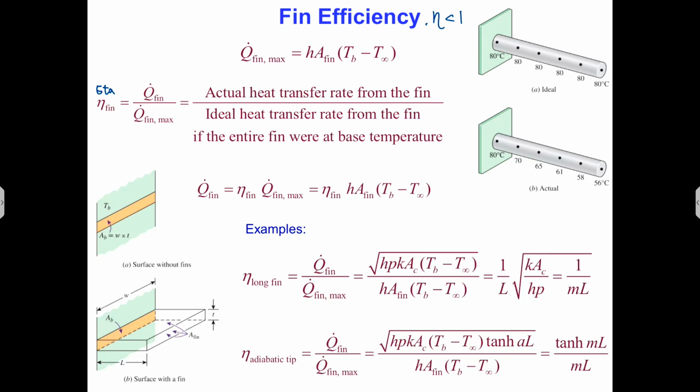So the fin efficiency now is the ratio between the actual heat transfer from the fin versus the ideal heat transfer rate from the fin. 可以吗？这两个的比值。Okay.